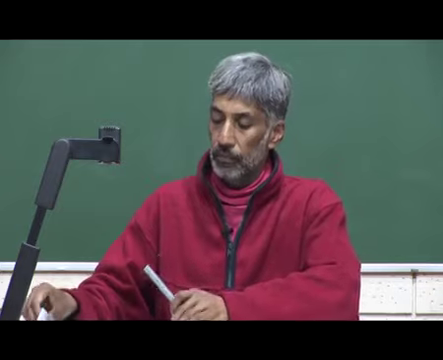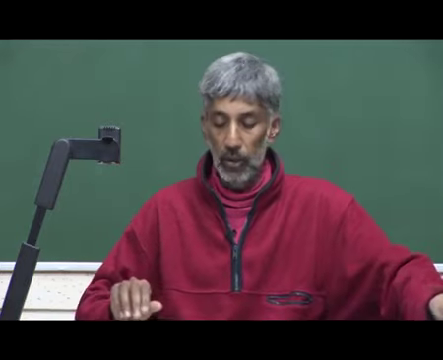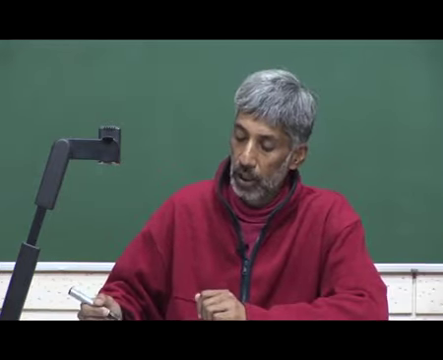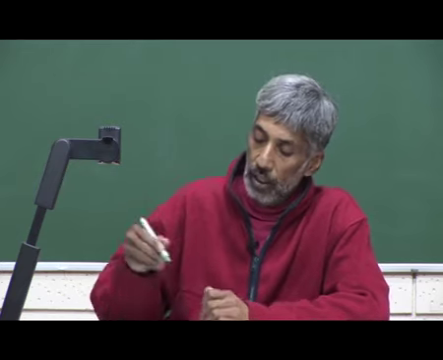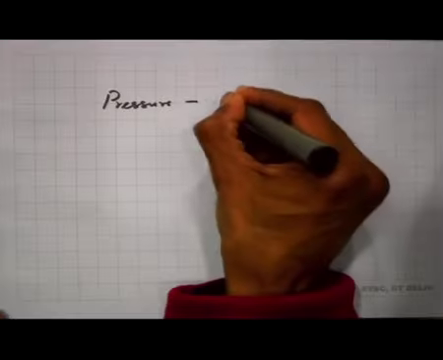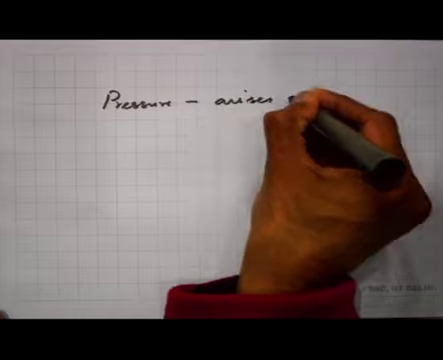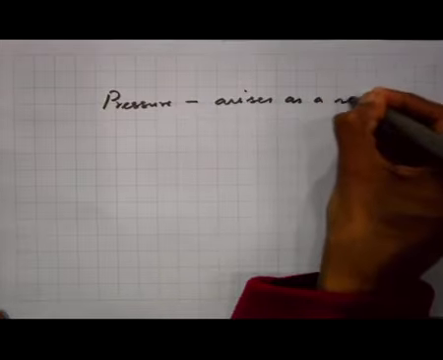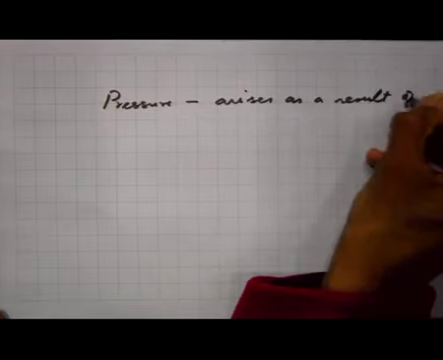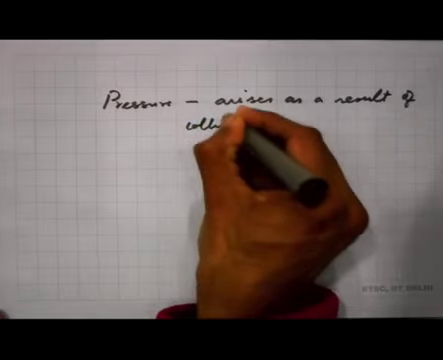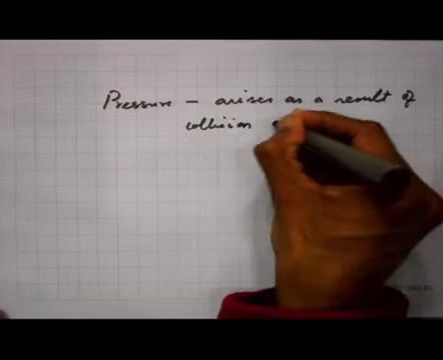So, we also discussed how this pressure comes about, although we did not do the derivation, that the pressure arises as a result of collision with the walls of the container.